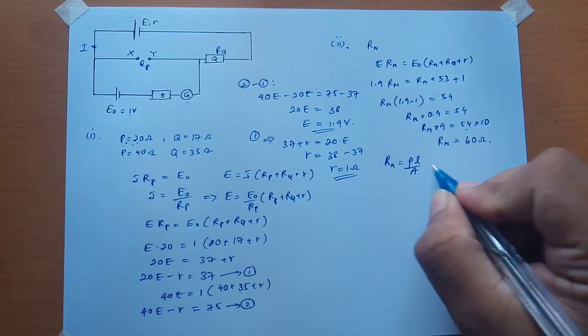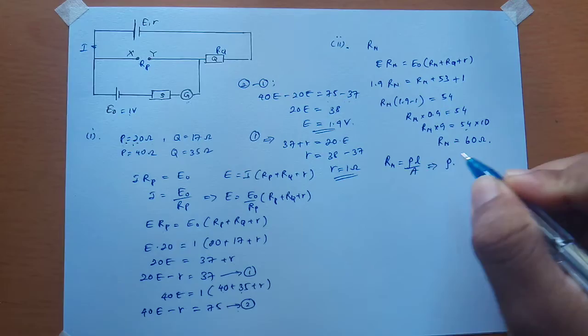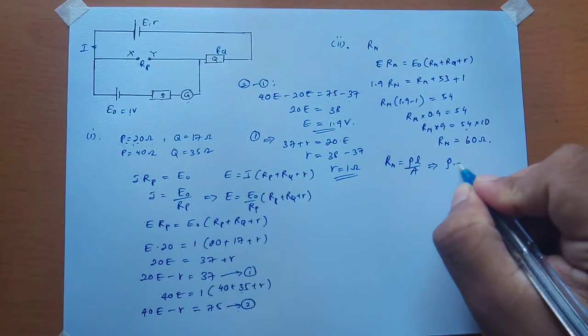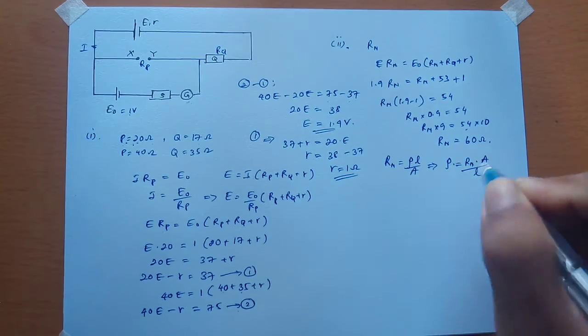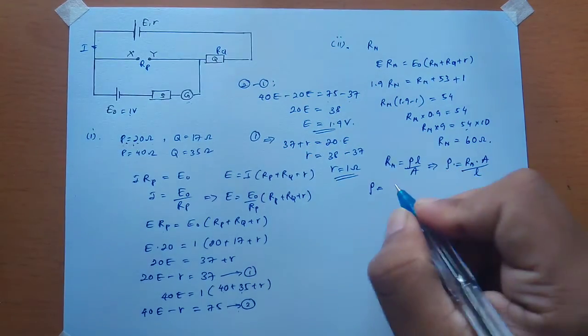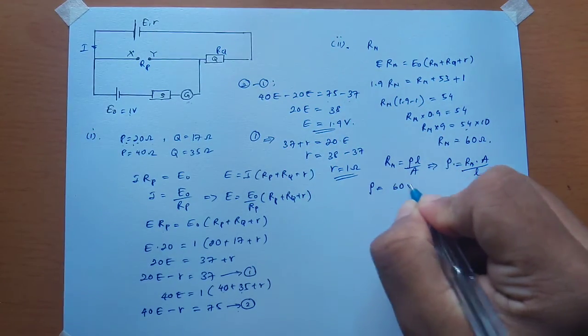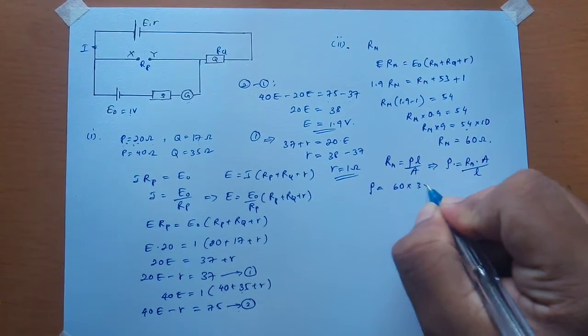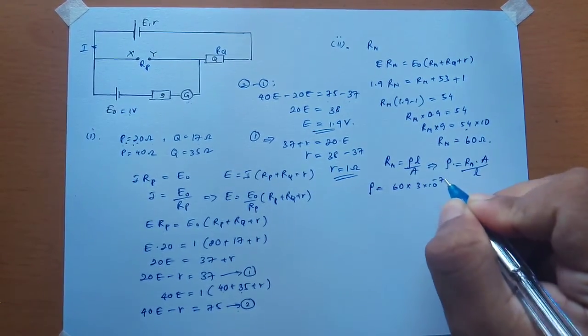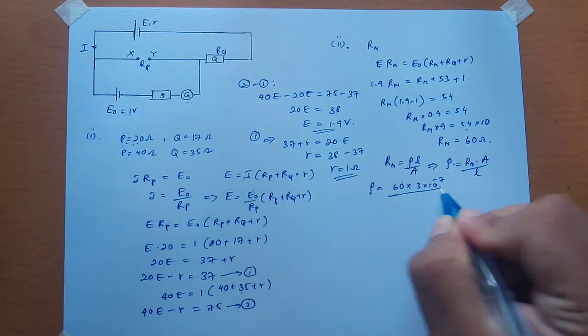So from this, rho equals Rn into A divided by L. Therefore rho equals Rn 60 into cross-sectional area given as 3 into 10 to the power minus 7 meter squared, divided by length.